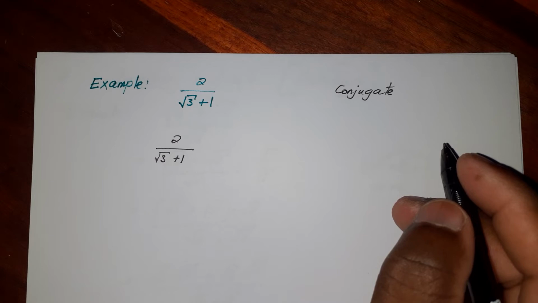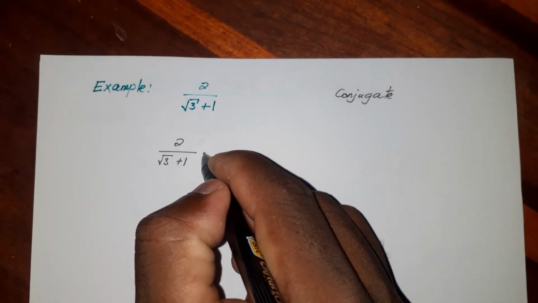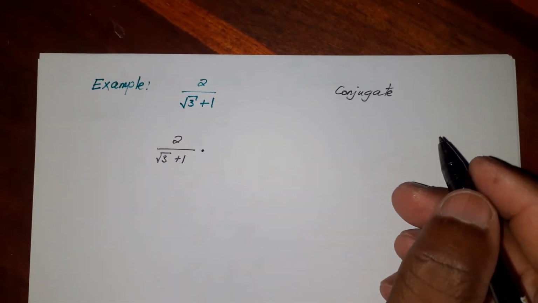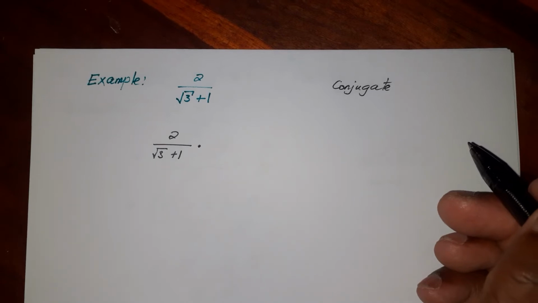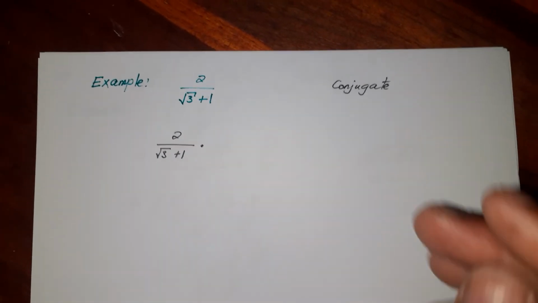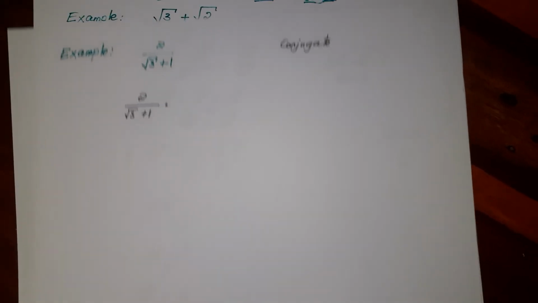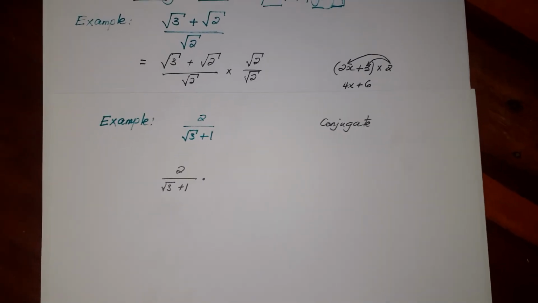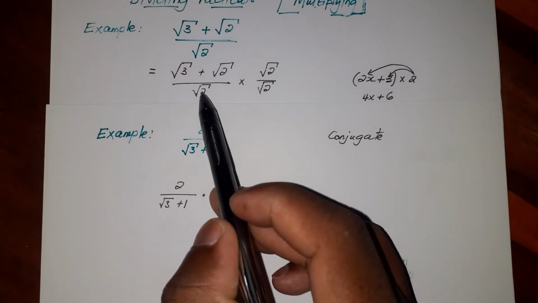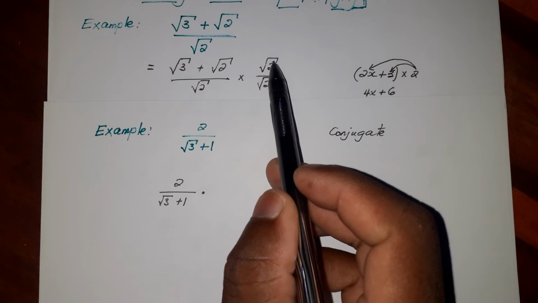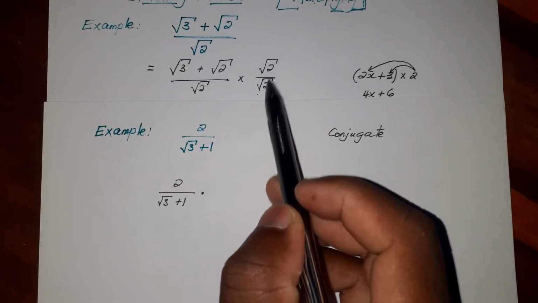What we do here is that we are going to multiply by 1 again, just like we did in the previous example. In the previous example, we multiplied by 1, which is, we take the denominator, we multiply top and bottom. So if you divide these two, you get 1.